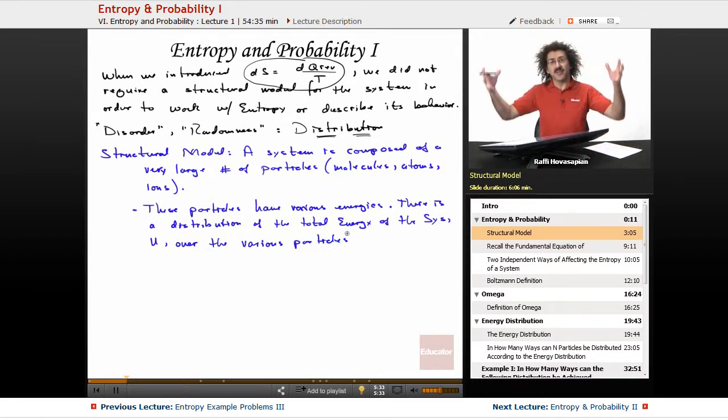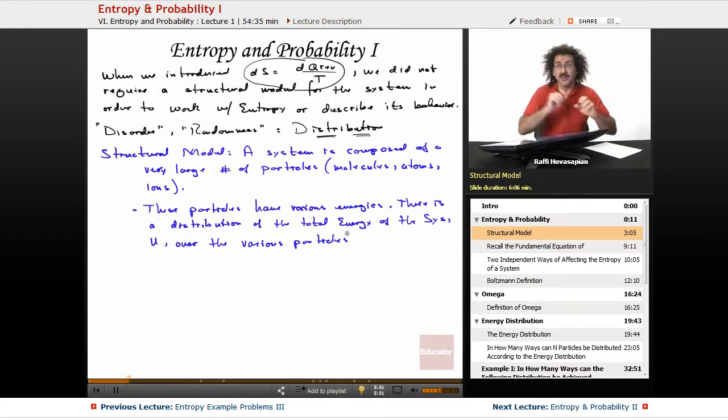The total energy of the system is made up of the sum of all the individual energies of the particles. If a system has 100 joules of energy, those 100 joules are going to be distributed among the different particles in different ways. Maybe 2 particles might have one energy, 2 particles might have another energy, 15 particles might have another energy. All the different energies, that's the distribution.